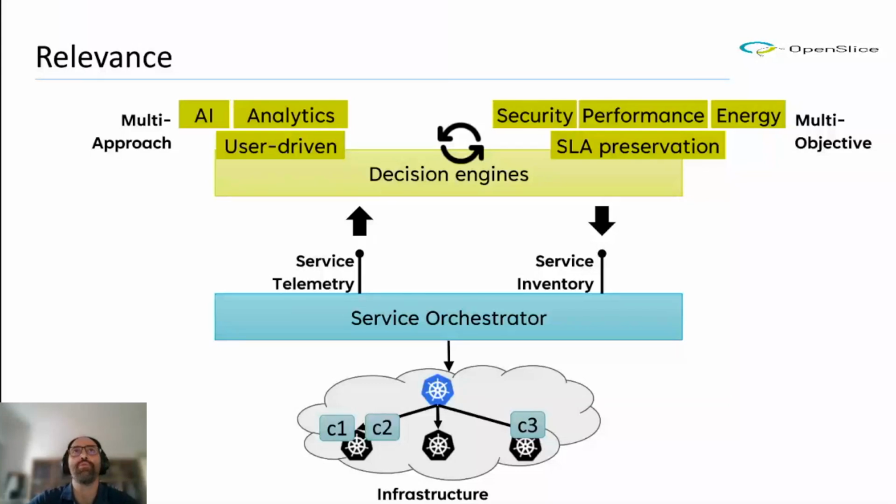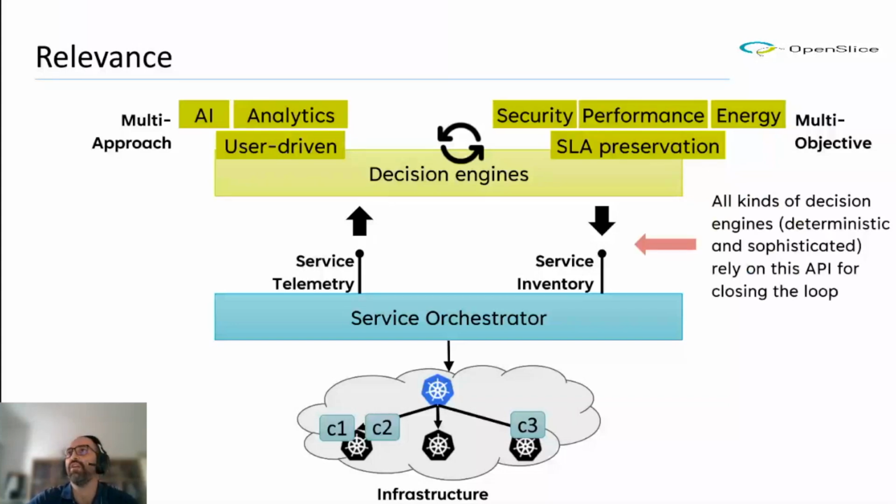So once again, somebody interacts via the service inventory and changes the service, its exposure, etc. The service inventory API is responsible for closing this loop.